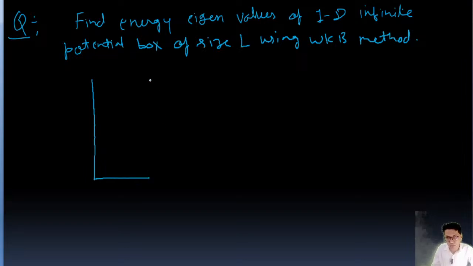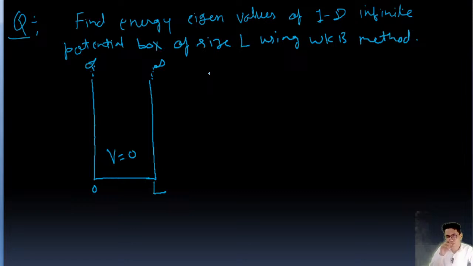So this is the potential box, guys. A 1D infinite potential box, and the size is 0 to L. We know the potential is 0 between 0 to L, else it is infinite.